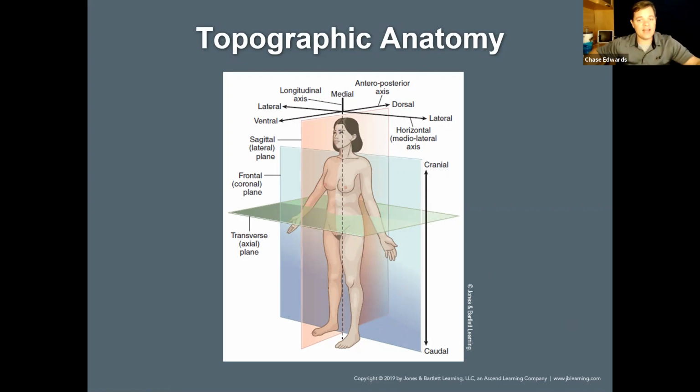Now it's going to divide it into the front, which is ventral, and then the back, dorsal. So in the back here, that's what this is right here. This whole blue, that's the coronal plane.